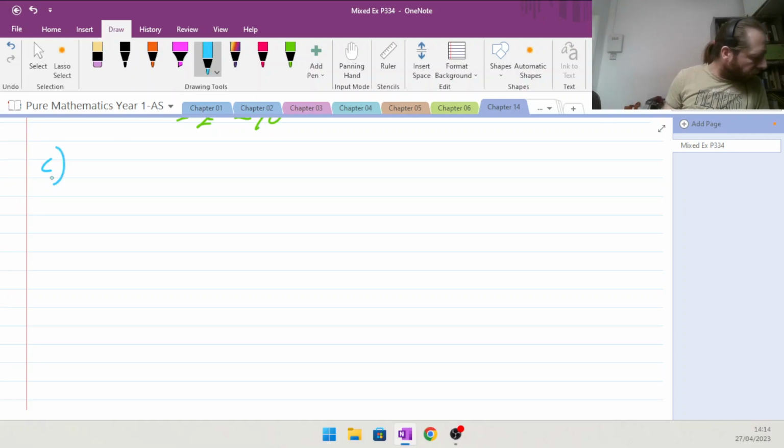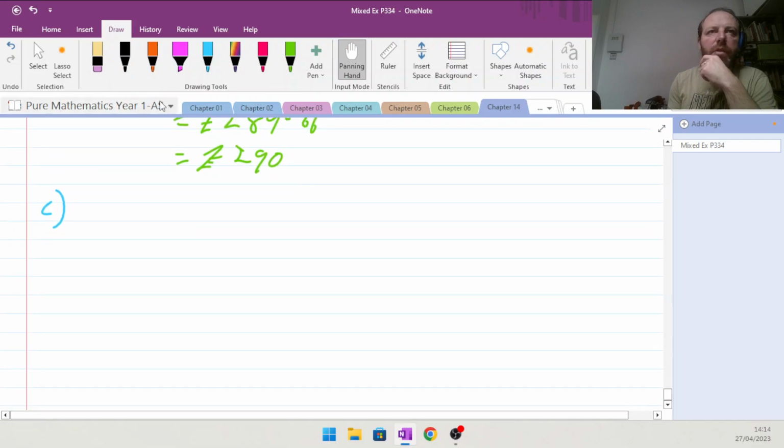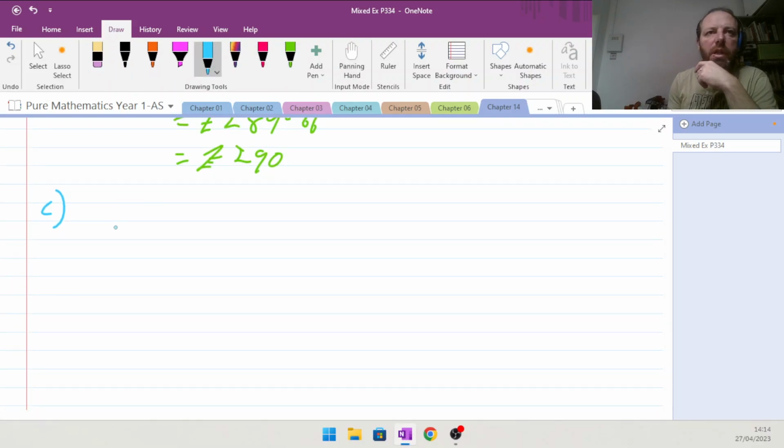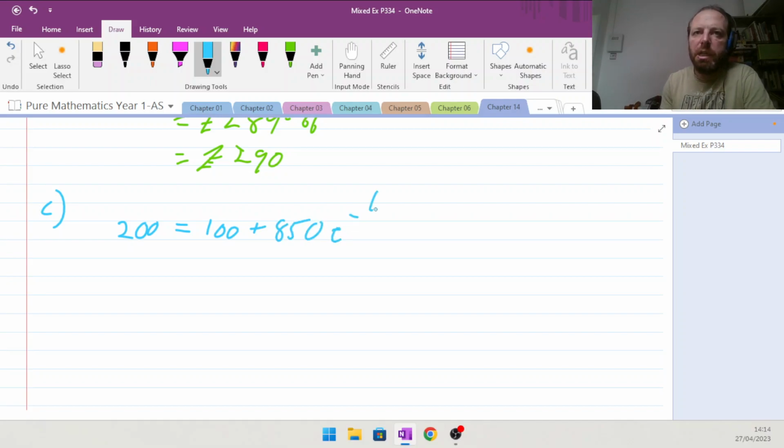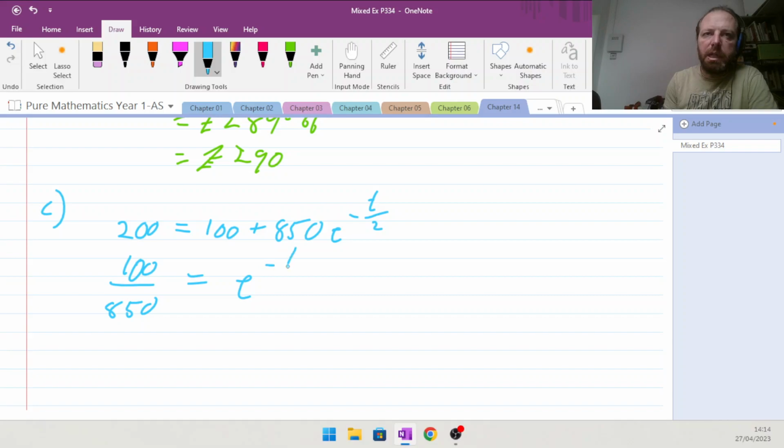C. When will it be worth less than 200? Okay, when will it be worth less than 200? With that, we need to reverse engineer this and say that the price is 200, and that will equal 100 plus 850 e to the minus t over 2. So straight away, move the 100, and the 850 divided by 850 is equal to e to the minus t over 2. We will take the ln of both sides.